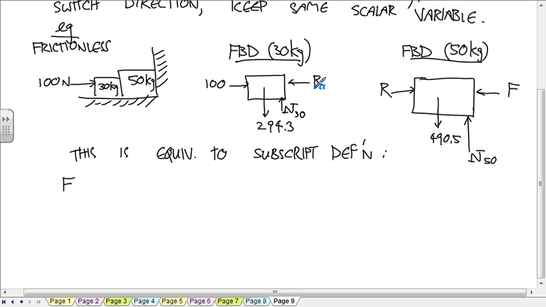So the force vector that we could call the force on the 30 by the 50 is equal to, well, what would the components be of this force vector? This R is acting in the negative X direction, so this would just be negative R, 0.